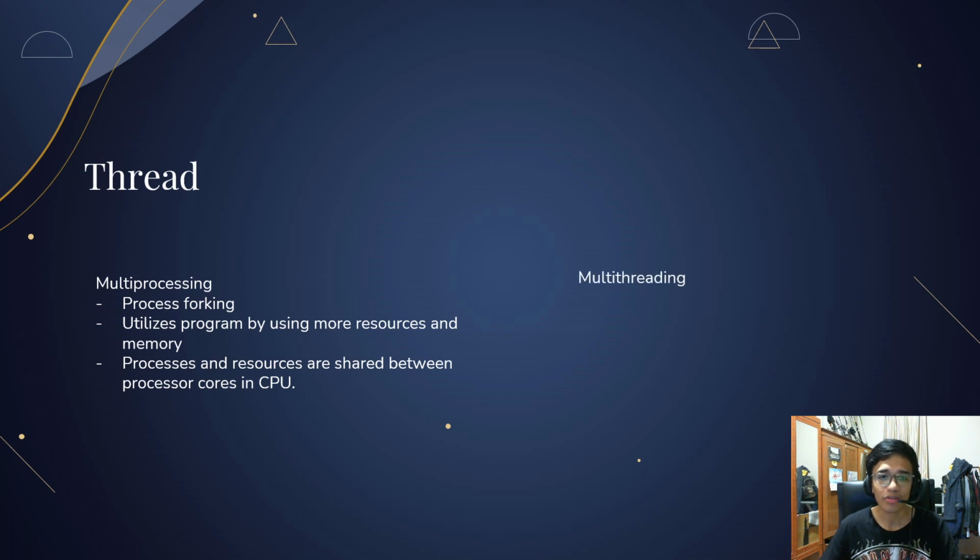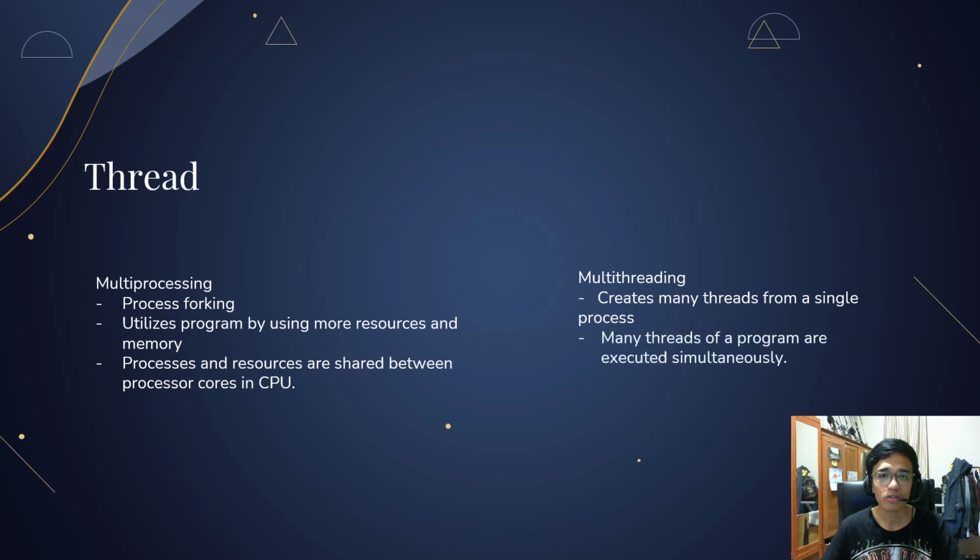And multithreading is just creating many threads from a single process, and then all those threads are executed simultaneously. And the good thing about threading is that threads share the processing power of a core, CPU cache, and translation lookaside buffer. So a single CPU core can manage to do all these threads.